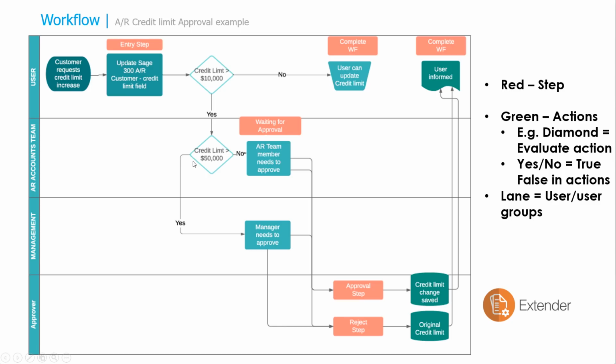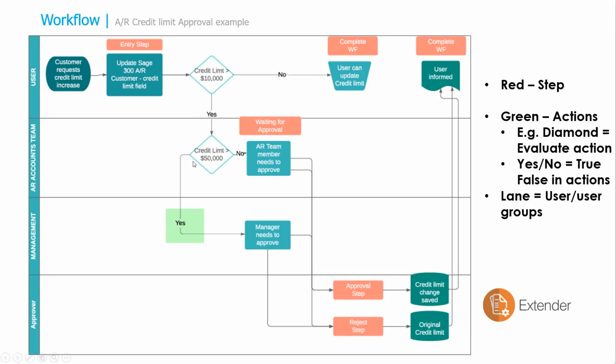So this is our example flowchart, and our credit limit approval, where if the credit limit requested is less than $10,000, nothing happens. The user who's logged on, provided they've got rights in Sage 300, can update the credit limit. If it's between 10 and 50,000, any member of the AR accounts team can approve. If it's above 50,000, then only a manager can approve.